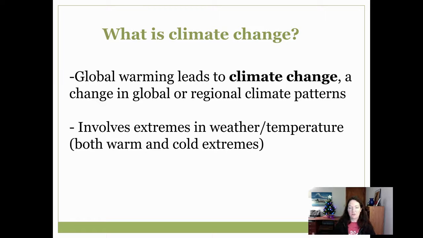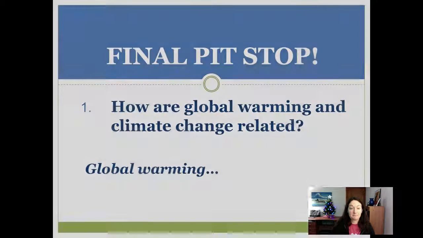So you're seeing a lot more flooding in some regions. You also see both warm and cold extremes. Some climates will become more cold, some climates will become more warm. Just because it's global warming, the overall average temperature is increasing. What that means for specific areas depends on the area. But it's changing in either direction, with extremes in weather and temperature in either direction.